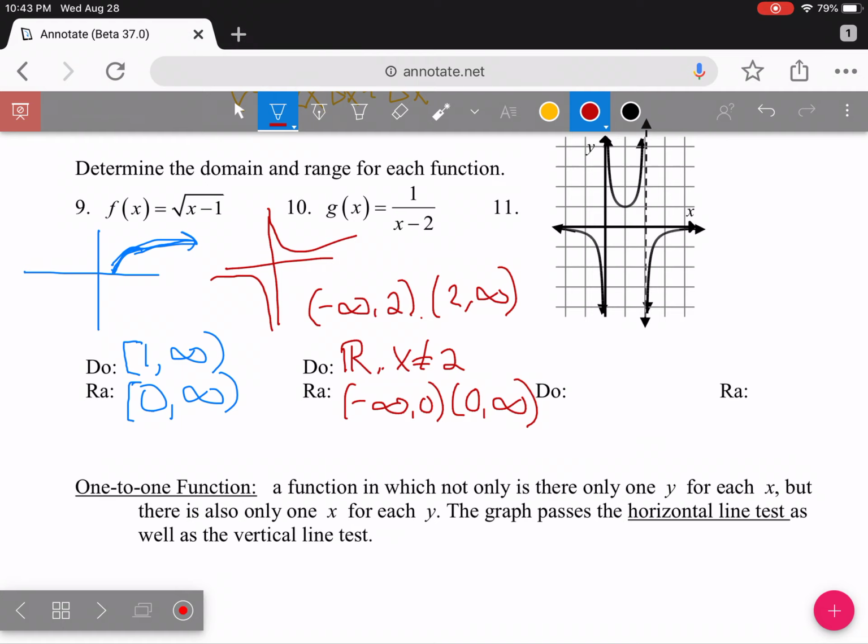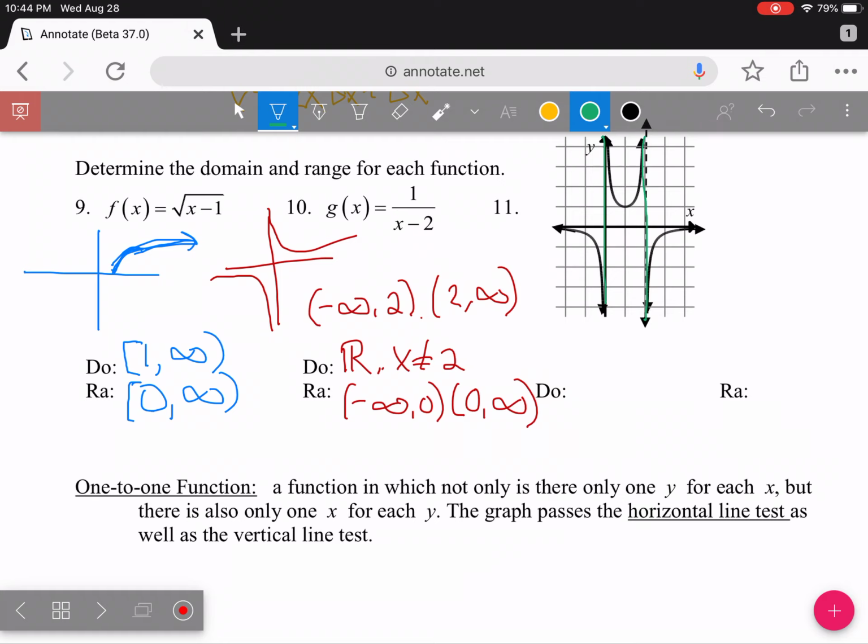Okay, now let's look at this other graph and figure out some domain and range from here. It looks like we have a vertical asymptote right here, and another vertical asymptote right here. So the two x values that do not have any place on this graph are 0 and 2.